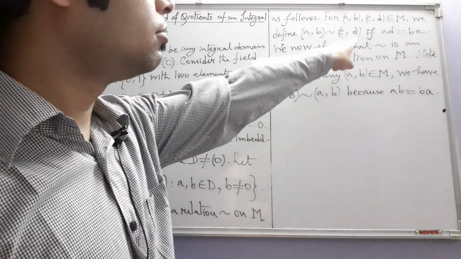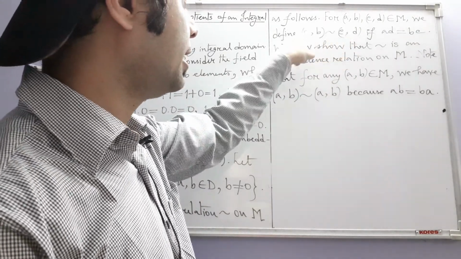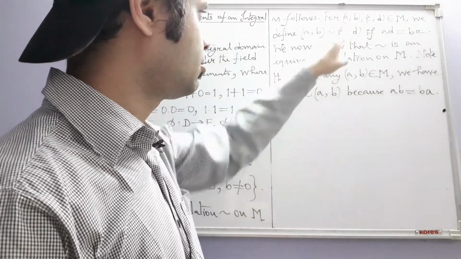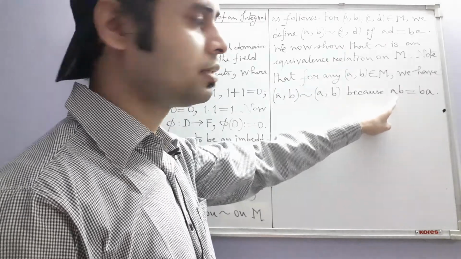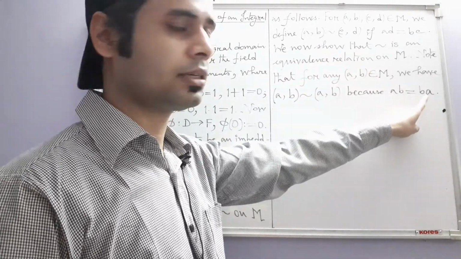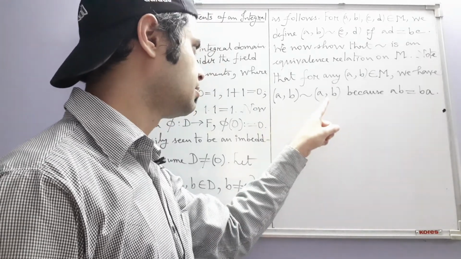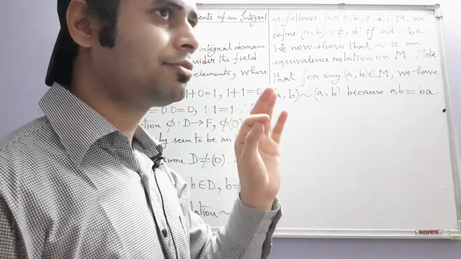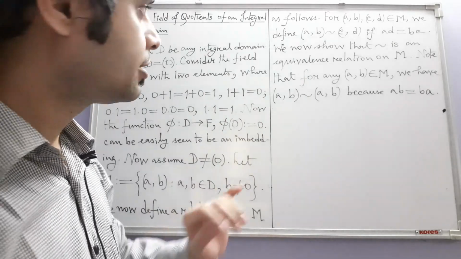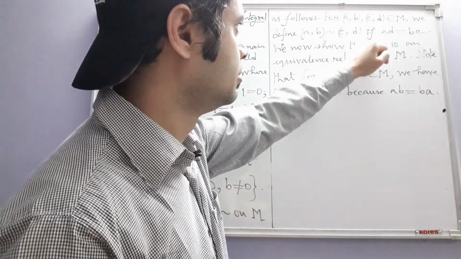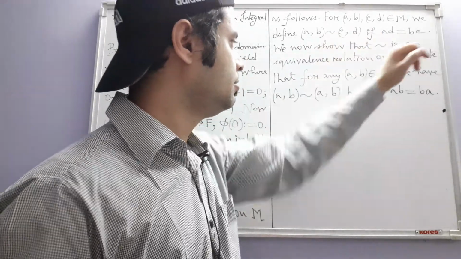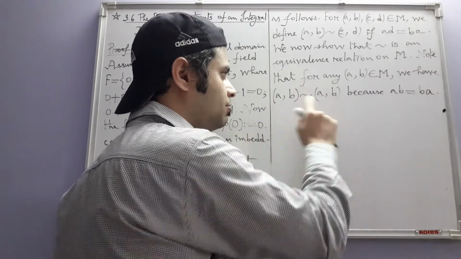You see, these two are related if AD is equal to BC, the outer ones are taken first and then the inner ones are taken. So we have done that same thing here. Keep in mind that we have to apply the exact definition: AD, BC. So AB and BA.